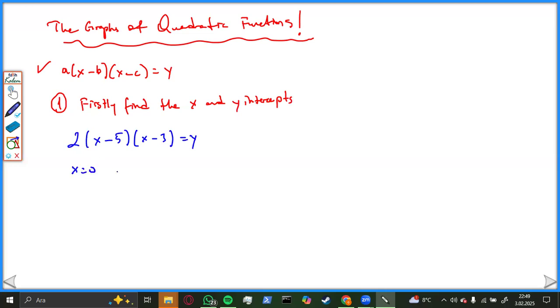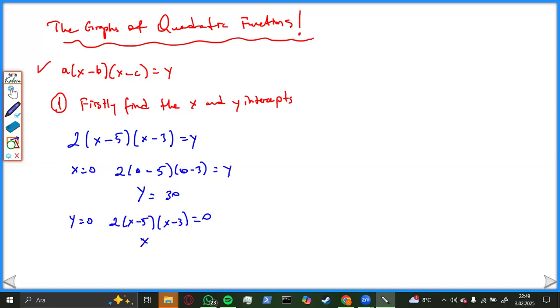X is 0, that time 2 times (0 minus 5) times (0 minus 3), and it is y. As you can realize, the y-intercept is 30. What about the x-intercept? That time y is 0, so 2 times (x minus 5) times (x minus 3) is 0.